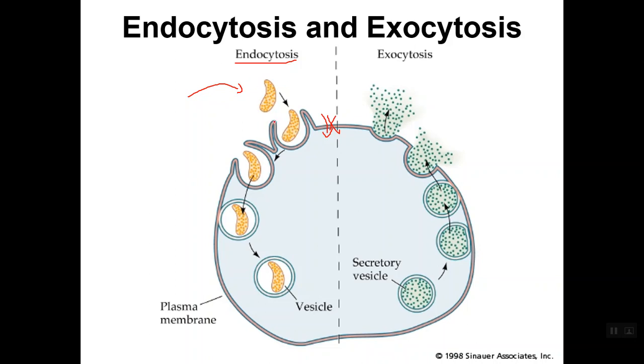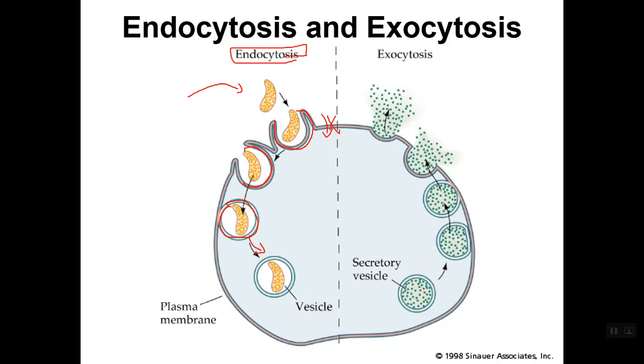The entire membrane pinches around it and encloses around it, pinches off into a vesicle that can then become a vacuole, or it can become a lysosome or a peroxisome, and it can get digested and broken down. This is endocytosis. Endo means into, coming into the cell.